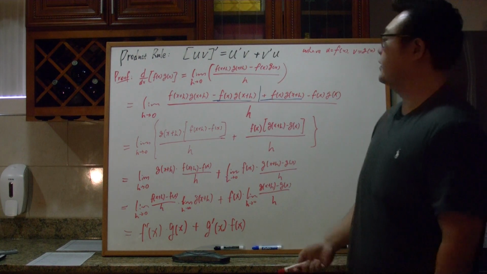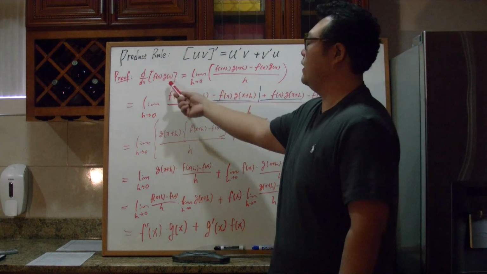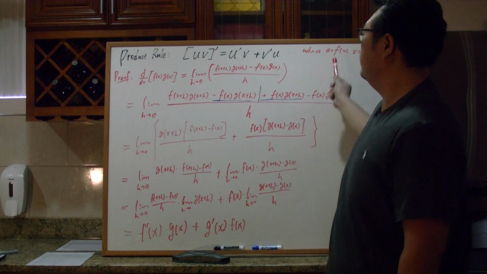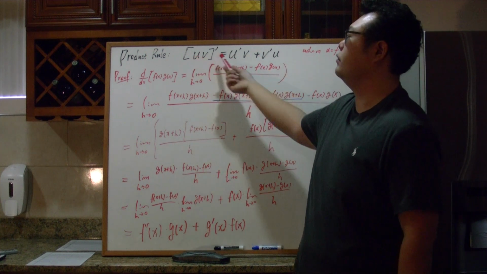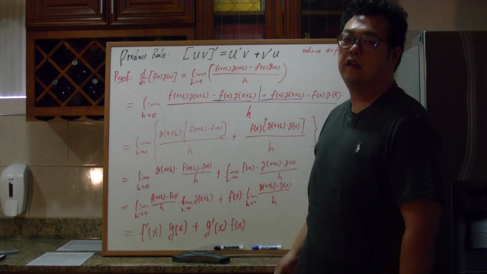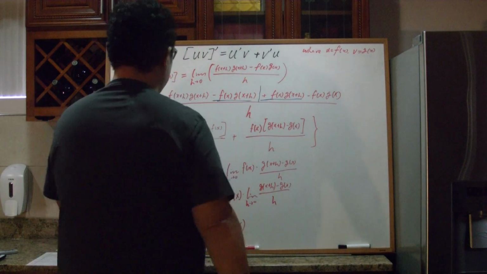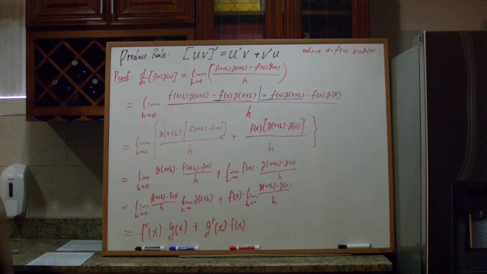So from the product of f times g, we get f prime g plus g prime times f. If we go back to uv, that will be u prime v plus v prime u. So that is the proof of the product rule.